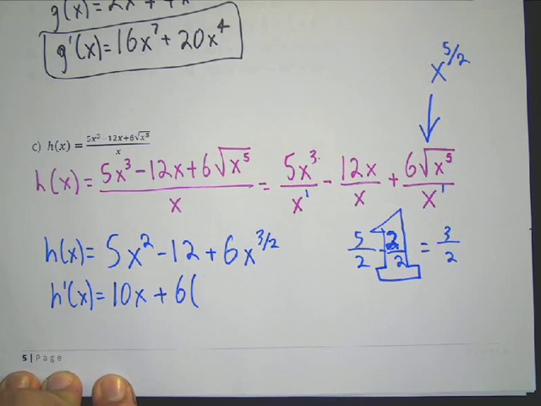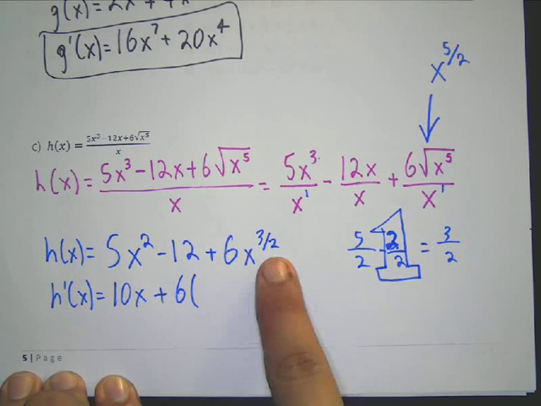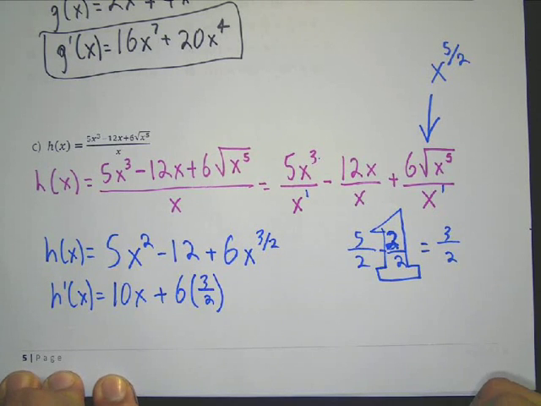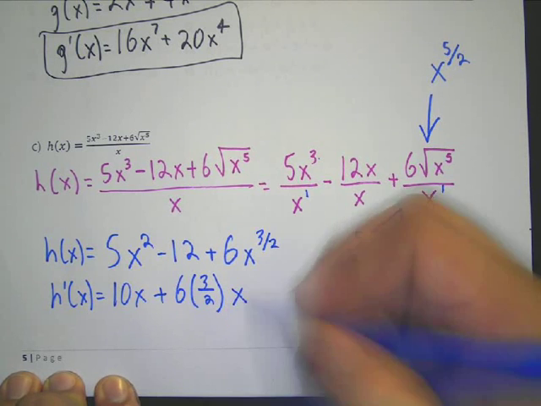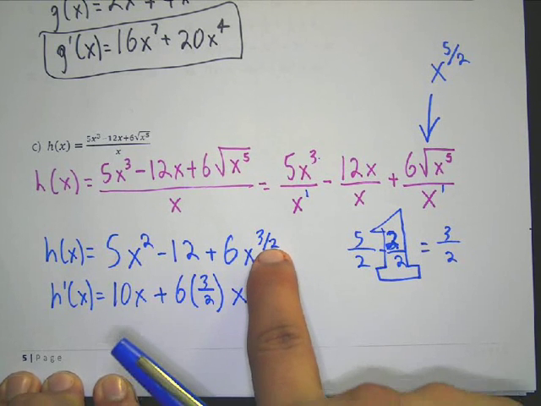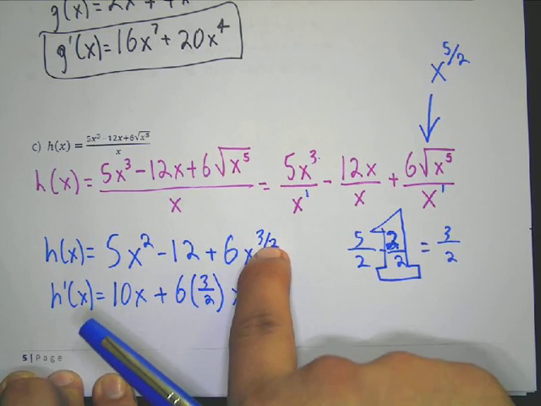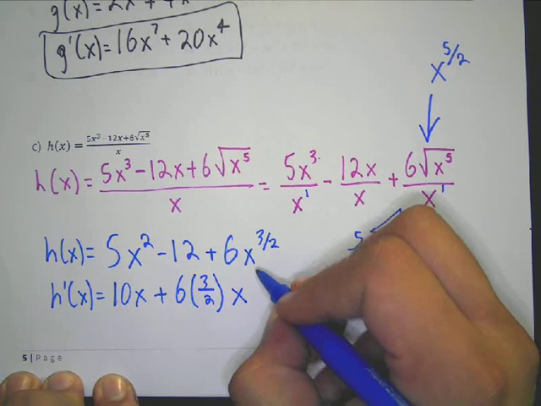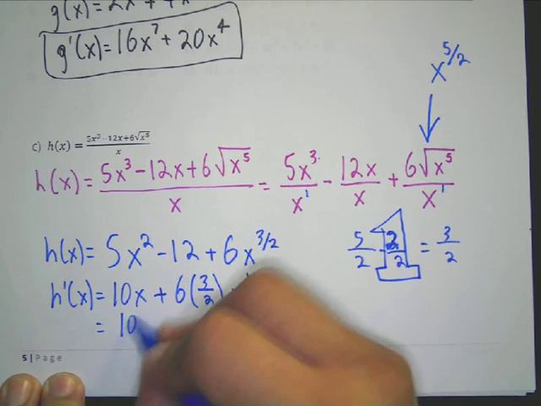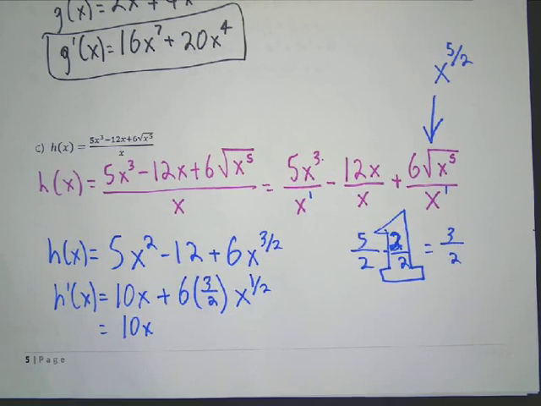Three over 2, right? I bring that exponent down to the front. And then x to the what power? Subtract 1, so it's going to be 1/2. Yes, good. And then simplify that. You can either say 6 times 3 over 2, or 6 divided by 2, which is 3, times 3. Either way, you'll get 9x to the 1/2. And that is our answer right there.